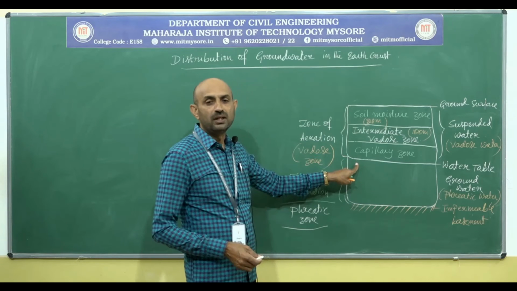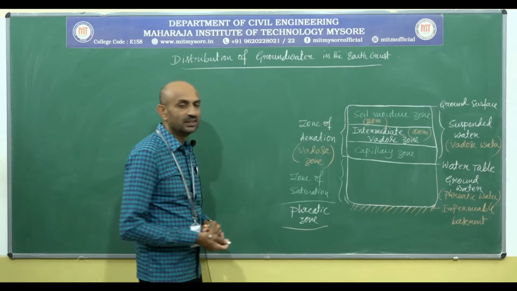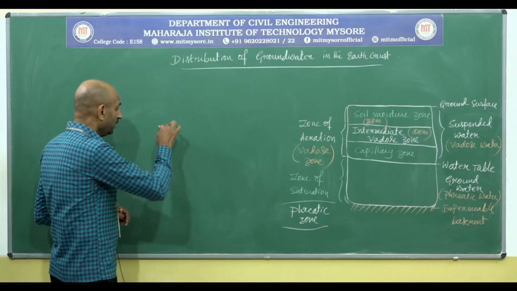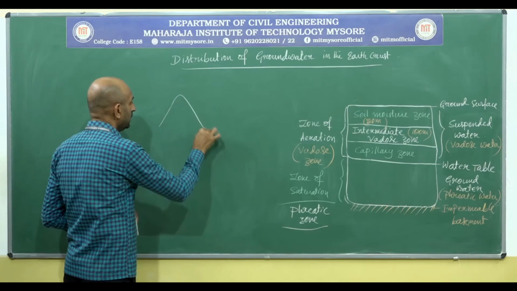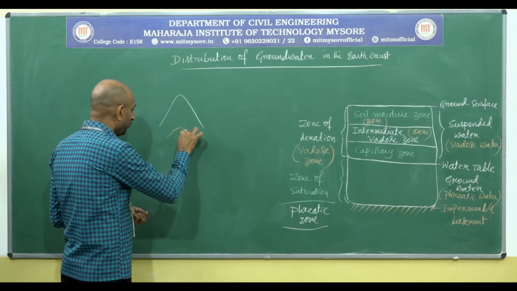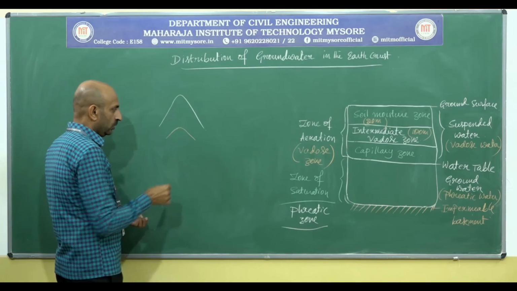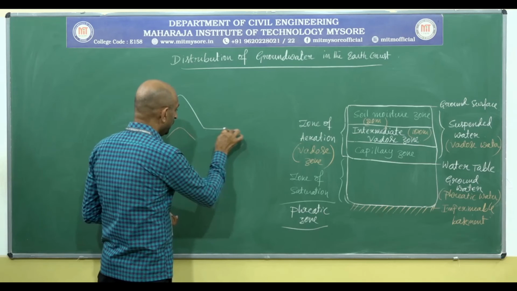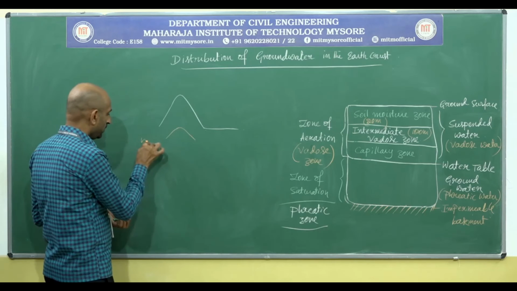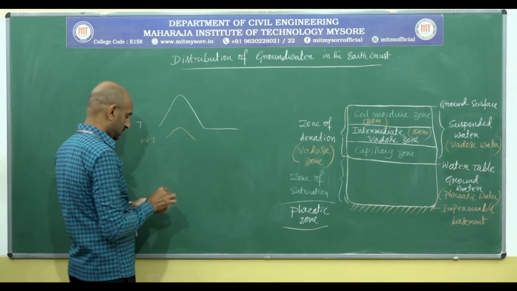The water table is parallel to the topography of the region. That is, under hills, how does it appear? The water table also appears in the form of a mound-shaped structure. Where the area is level ground, this is the water table, this is the topography of the region.